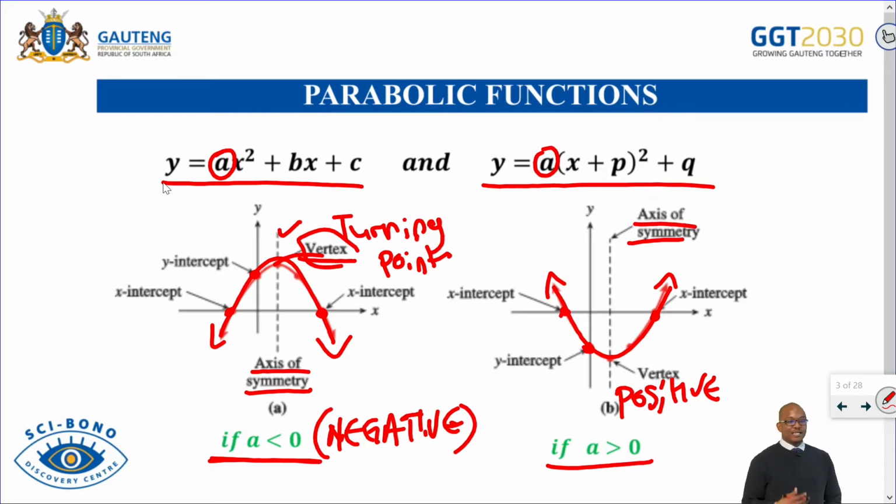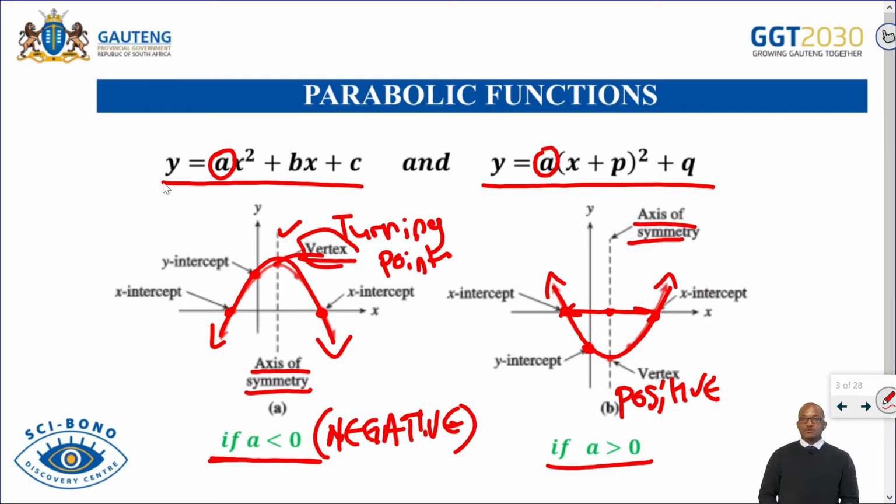And remember, the axis of symmetry cuts your graph into two equal parts from left to right. It means the distance from the axis of symmetry to your x-intercept on the left and the distance to your x-intercept on the right are equal.